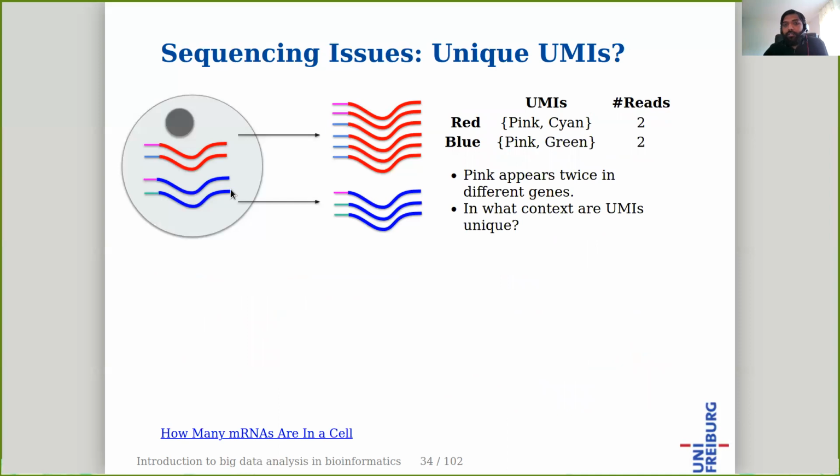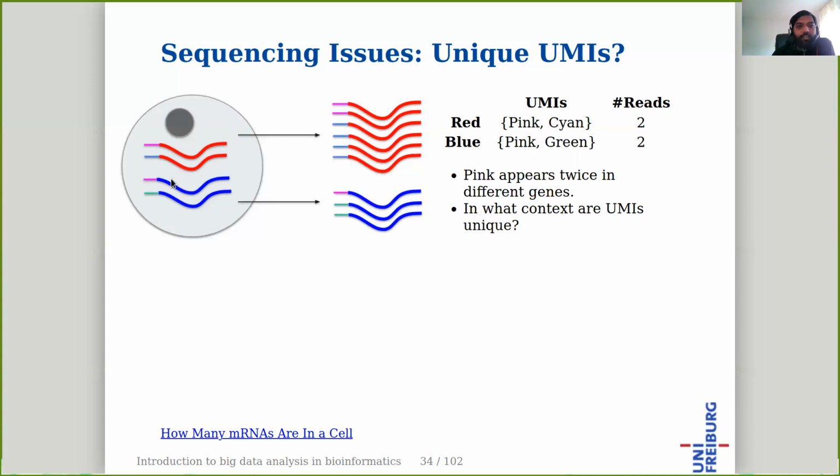So the UMIs can be used to deduplicate at the transcript level. For example, here sometimes the same UMI can be attached to different transcripts, for example the pink one attached to red and blue, but we don't have any problem with this.